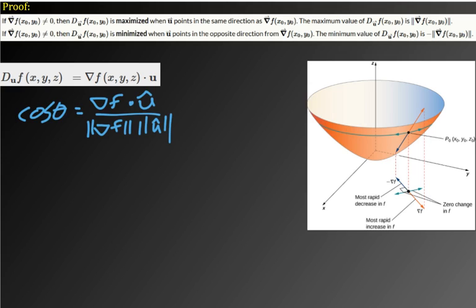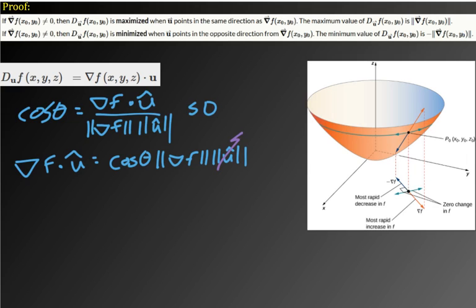And so just rearranging, I'm going to multiply by the magnitudes on the bottom. So we have gradient of f dotted with u would then equal cosine theta times magnitude of gradient of f times magnitude of u.